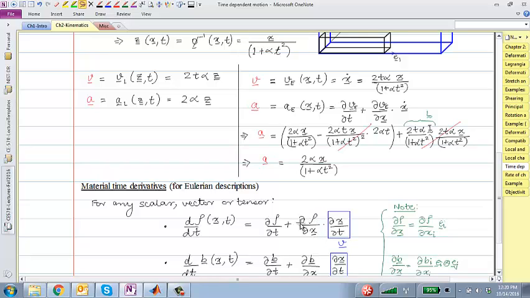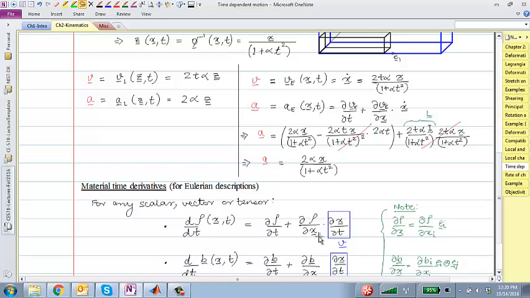So let me ask you this: if rho is a scalar, say density, what type of quantity would this be? It's the derivative, or gradient I should say, gradient with respect to x. So rho is a scalar field, right?